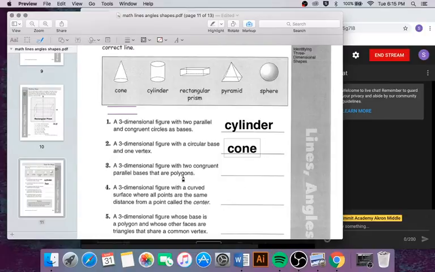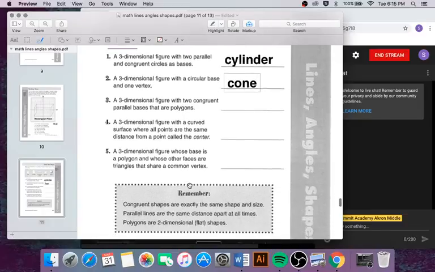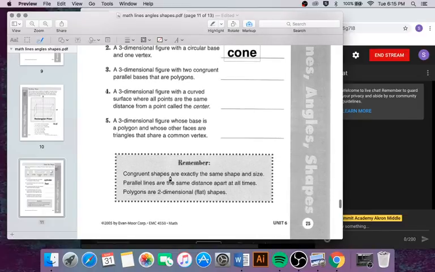Number 3 is a 3-dimensional figure with 2 congruent parallel bases that are polygons. So let's look down here. Congruent means they're the same size and shape. Parallel means that they will never intersect. And polygons are 2-dimensional shapes.